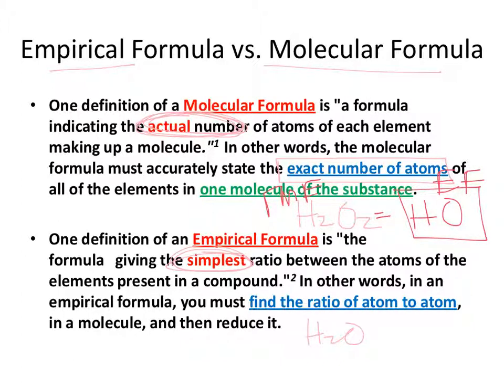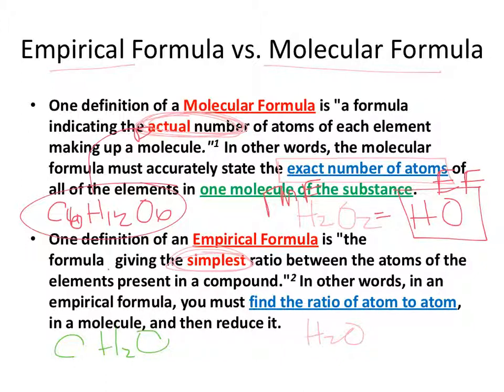Okay? Just like glucose, C6H12O6. We know glucose is this formula. Well, is this the molecular or is this the empirical? Well, it has to be the molecular because it is the exact number and it can be reduced to CH2O. Well, we don't ever deal with anything called like that, okay?